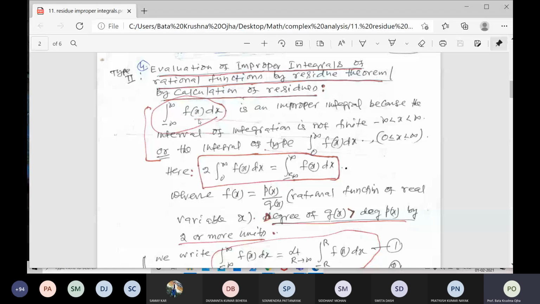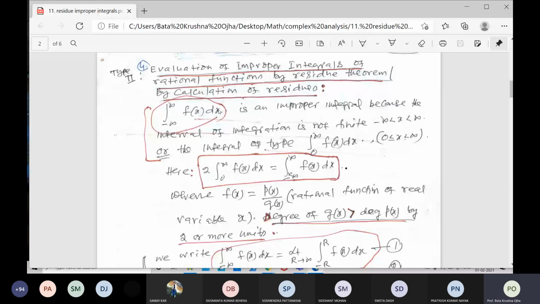When you change this integral to contour form, giving the limit minus to plus infinity is wrong, because z is not equal to minus infinity or plus infinity. Therefore, when you take dz, the integral should be over the closed curve C. That is the importance.